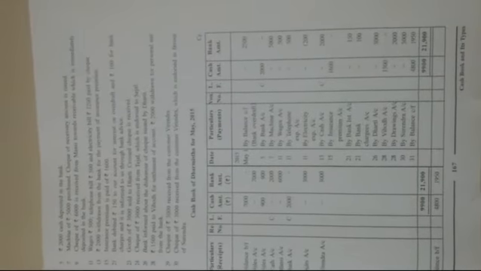Then next is 28th May. Rupees 1500 was paid to Vibodh for settlement of account. Rupees 2000 was withdrawn for personal use from the bank. So here two entries will be passed. For the first one, 1500 was paid to Vibodh for the settlement of account. So first pass the entry for this.